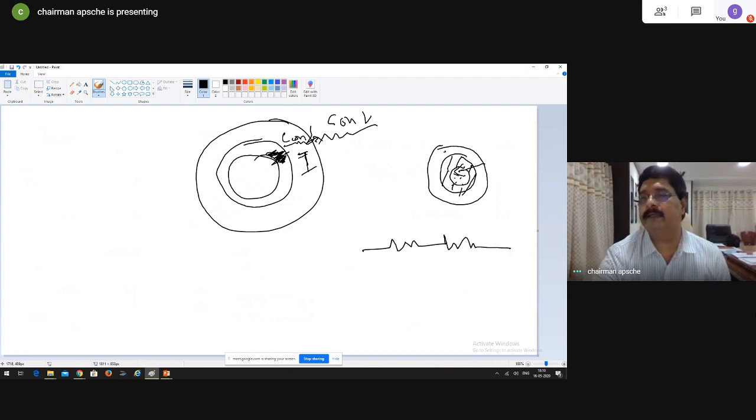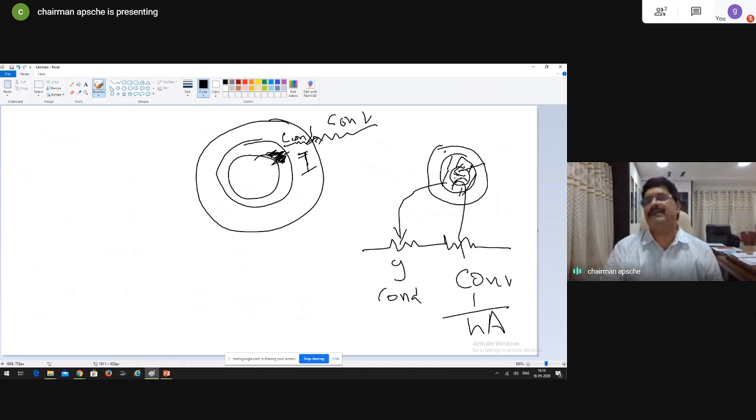One is the conduction resistance through the insulator, and the second is the convection resistance between the fluid and the insulation. What is convection resistance? It is 1 by hA. Okay, heat transfer coefficient, let me say it is constant, it's not varying.